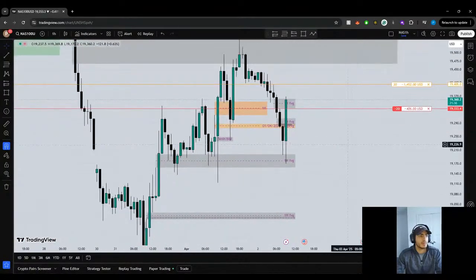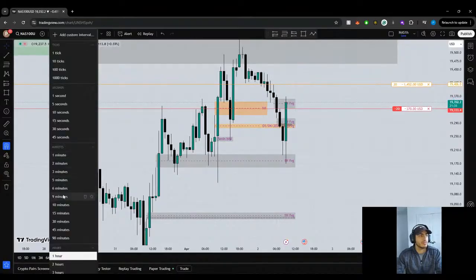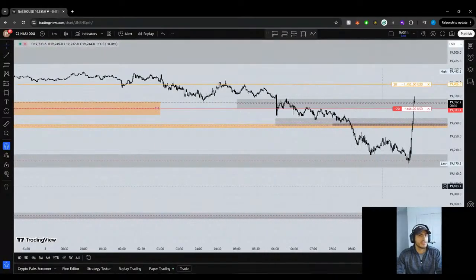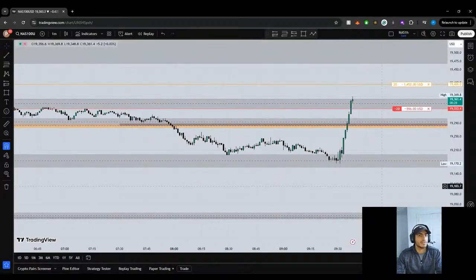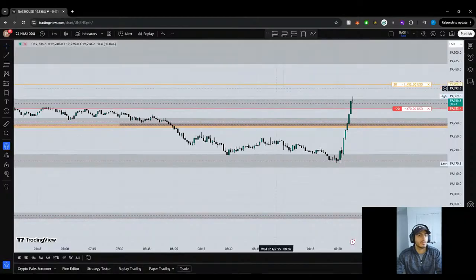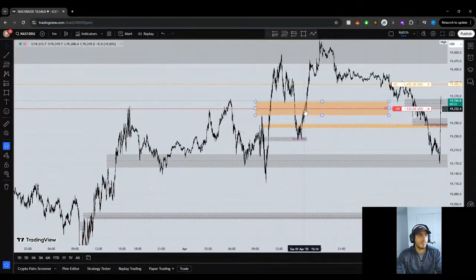As we said, take profit is going to be right here. That's a huge push. That's pretty big. Let's see. TP will be right here.